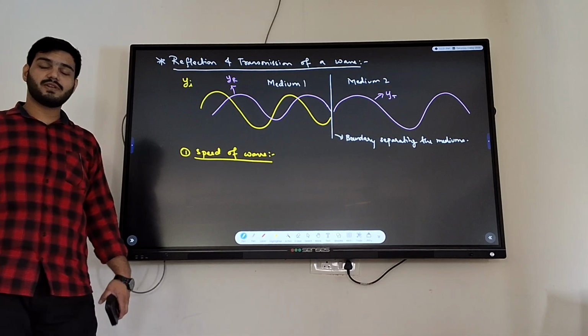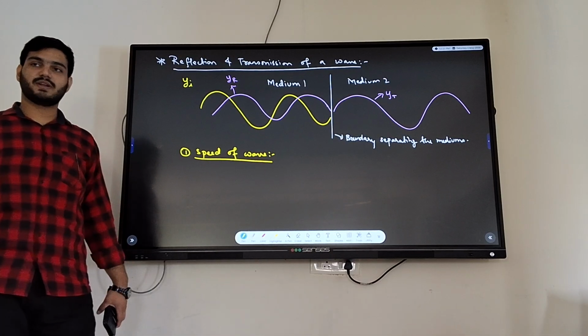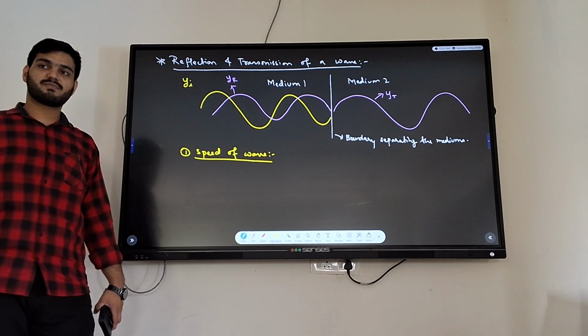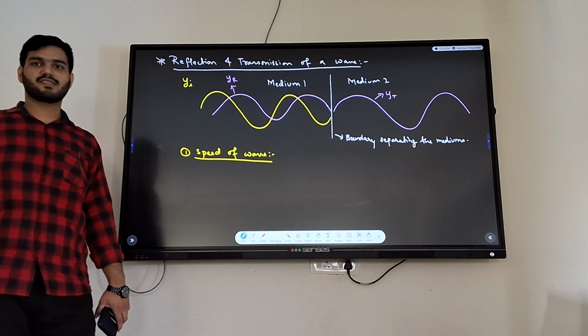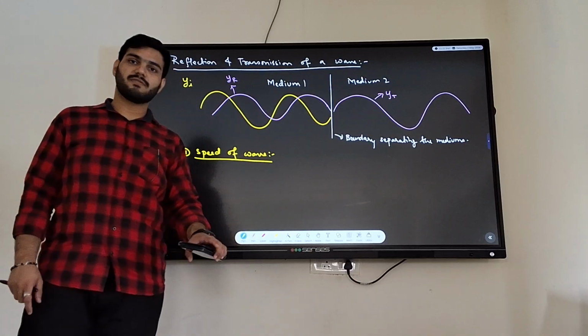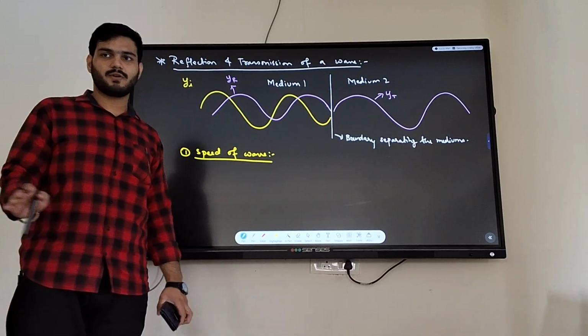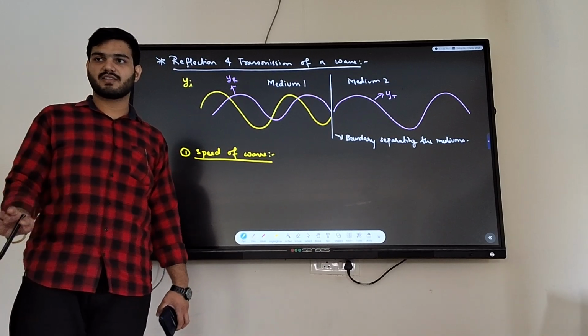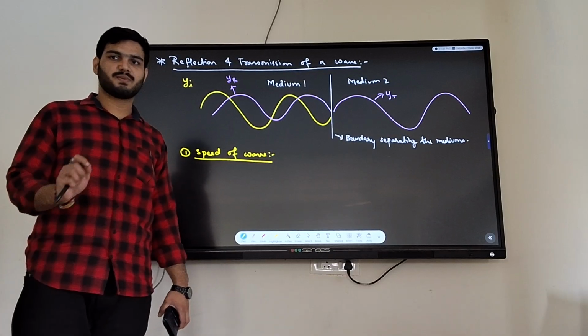Then actually we will use that definition of a denser medium. A medium in which the speed of the wave decreases is called denser. Okay? And a medium in which the speed of wave increases is called rare. I am not talking about refractive indexes or anything like that here. I am only comparing speeds.